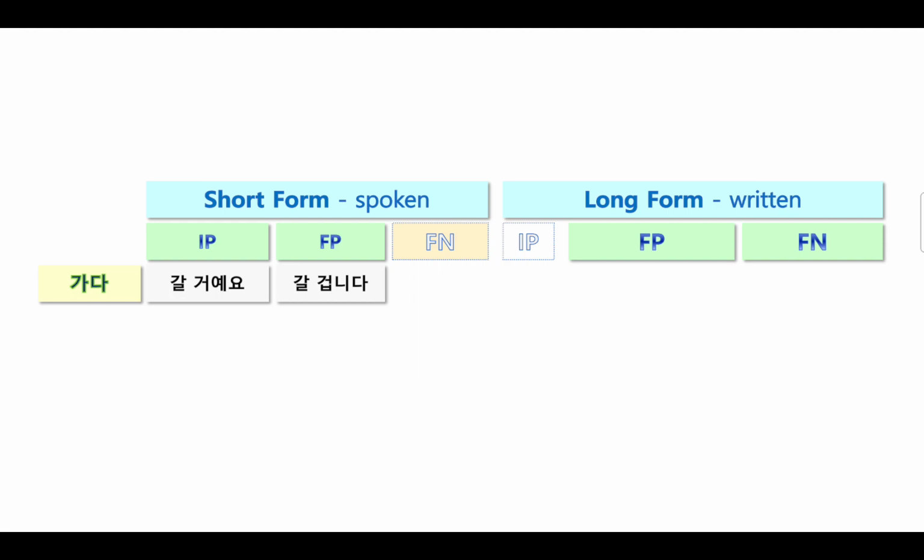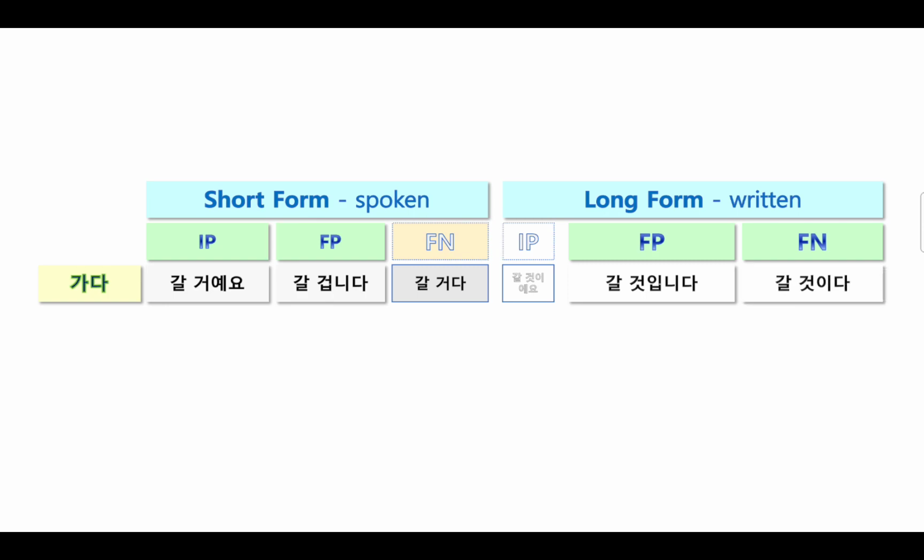So when the listener is younger than you, we use this one. 갈 거다. Okay? 갈 거다. How about long form? Informal polite. As I said, informal polite, long form, we don't use this one often. So 갈 것이에요. Yeah, but I think it's almost wrong. We don't say that. How about formal polite? 갈 것입니다. 갈 것입니다. And formal non-polite, 갈 것이다. 갈 것이다. I will go.